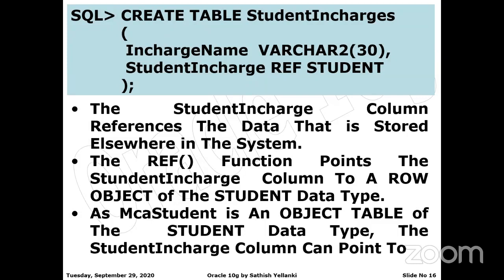Now, we have one more level of architecture that is called object reference architecture. Object reference architecture is nothing but a kind of environment where you have object tables or your relational tables which carry columns that will store the references directly.